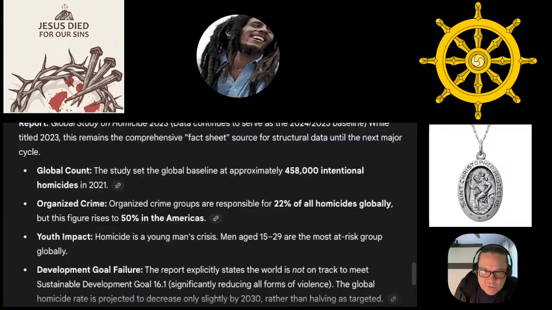Then they go on to organized crime. Organized crime groups are responsible for 22% of all homicides globally, but this figure rises to 50% in the Americas. And when they say the Americas, I don't know if they mean North America, the American part of North America.